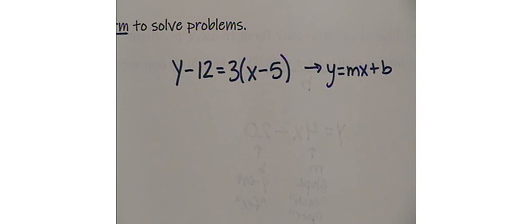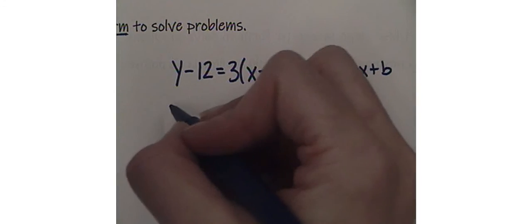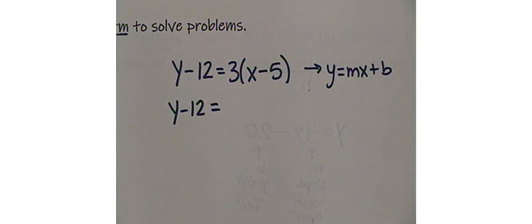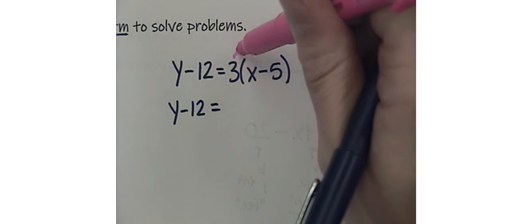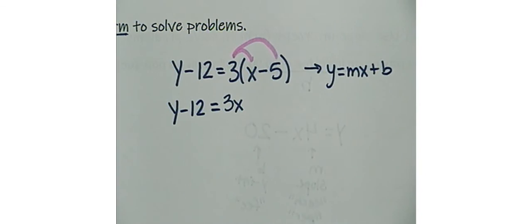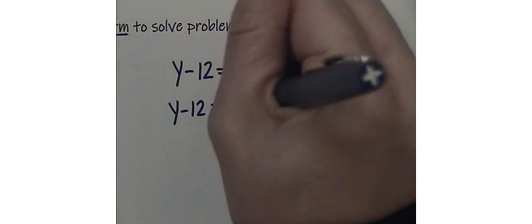Now, y equals mx plus b does not have parentheses. Do you remember how we get rid of parentheses? We need to distribute, which means to multiply. So 3 times x is 3x. 3 times negative 5 is negative 15.